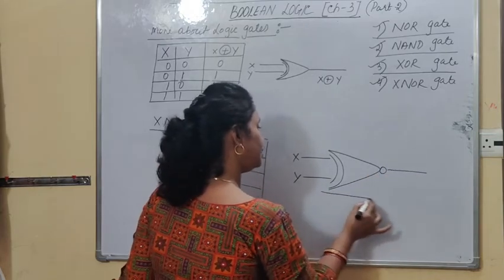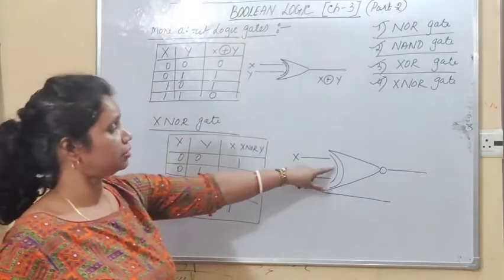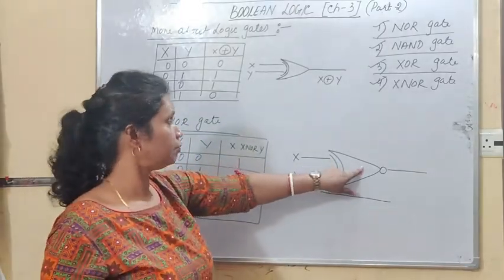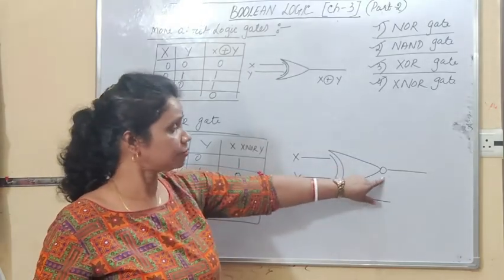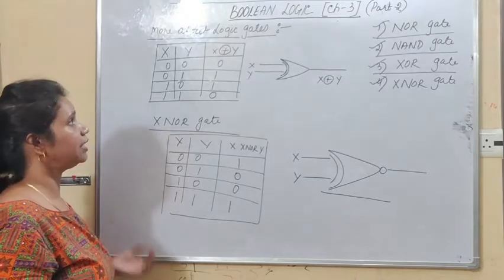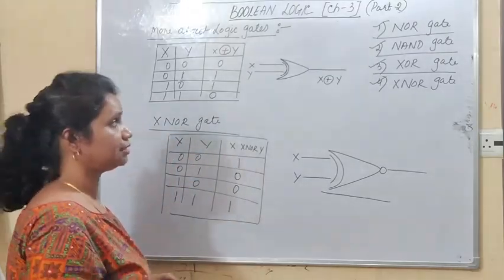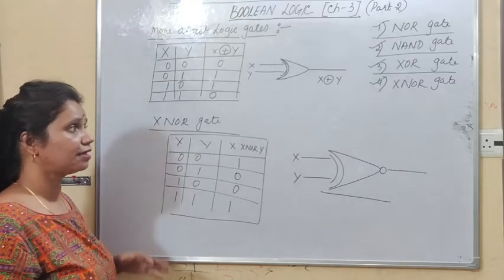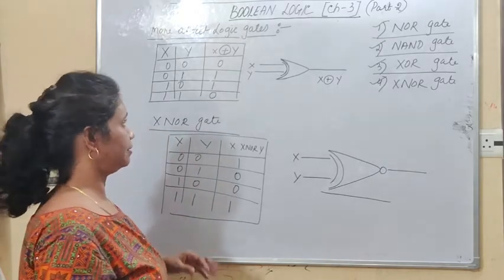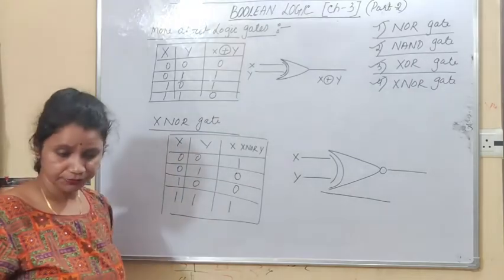So this is the logic diagram of exclusive NOR gate, right students? Here just put a small curved line, then put the OR operator. After that, just put a circle. Then this is the example of exclusive NOR gate, right students? Now we will discuss some questions on how you will draw the logic diagram of some Boolean expressions, right students? So please take the screenshot.